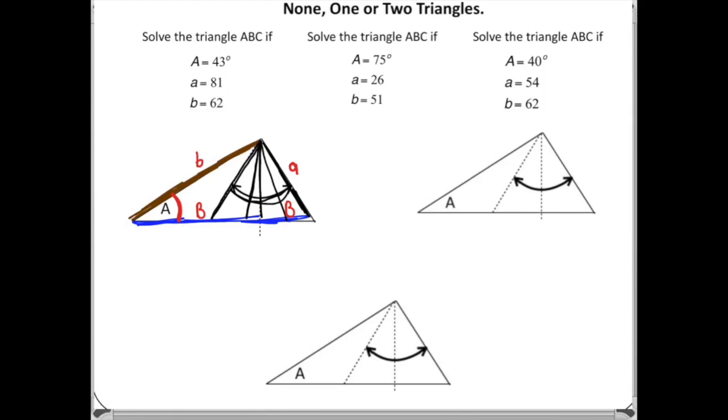We could also have a situation where, and I'm going to erase this real quick, your fishing line is too short and it will never hit the water, and therefore it could never make a triangle. So we would be given this angle, this side, and this side, and come to find out that no such triangle can exist.